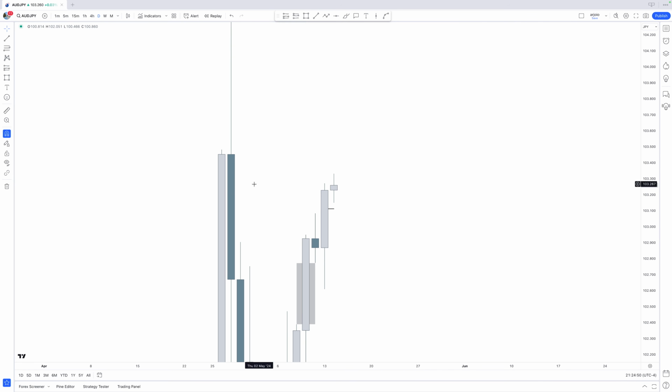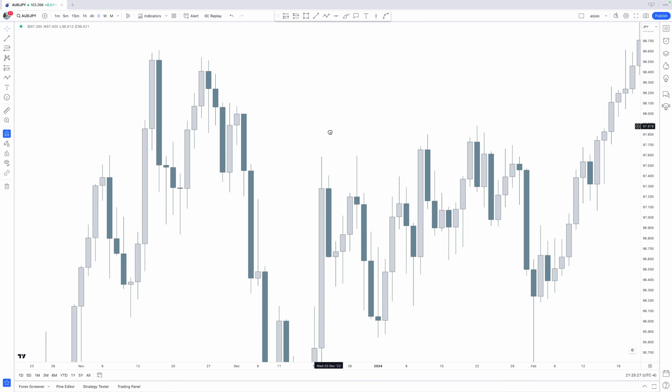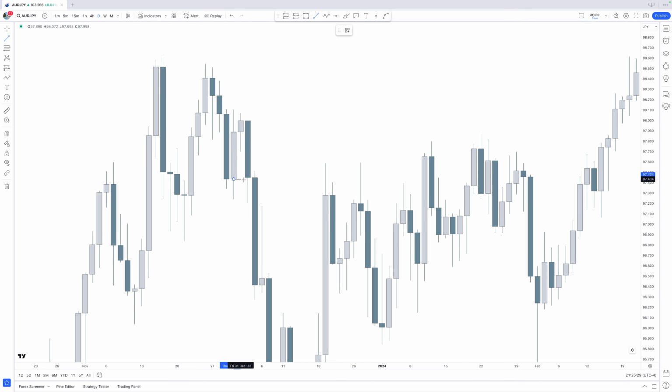Now, to know which one you want to use, if you want to wait for the daily right there, or if you want to go into the 4-hour, it's important to understand if there's a reason to create a retracement into the daily value. Meaning, do we have towards the left right here, an order block, a fair value gap sitting right there on the same time frame as that we are creating the fair value gap that could push price lower back into the fair value gap. So for example, in this scenario, here towards the left, we have this order block sitting right there and this fair value gap as well.